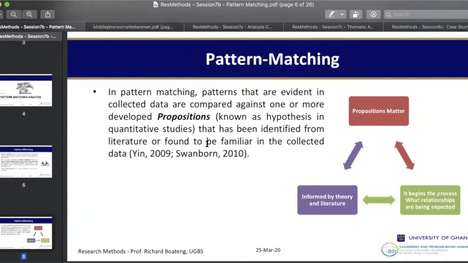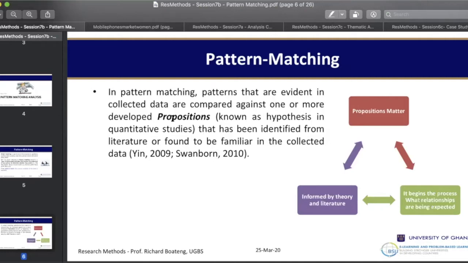In pattern matching, patterns evident in the collected data are compared against one or more developed propositions, which were identified in the literature or found to be familiar in the collected data. So in pattern matching, the first thing is that you should have propositions, and the possible relationships are usually well stated before the study starts.